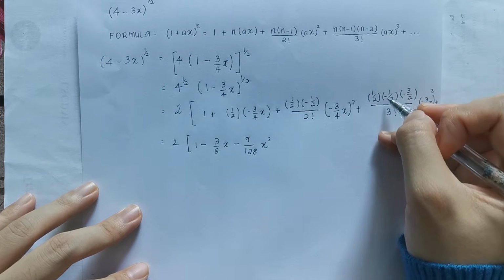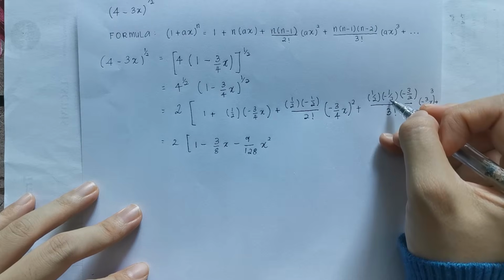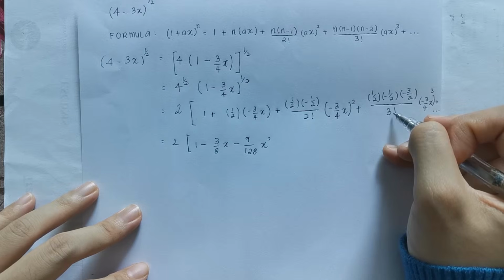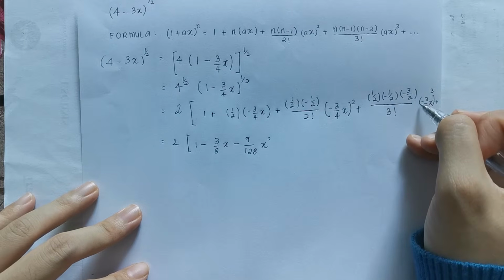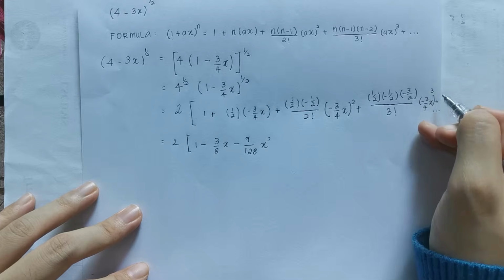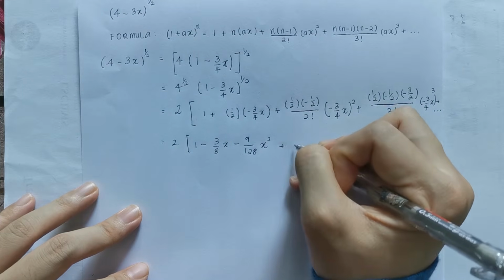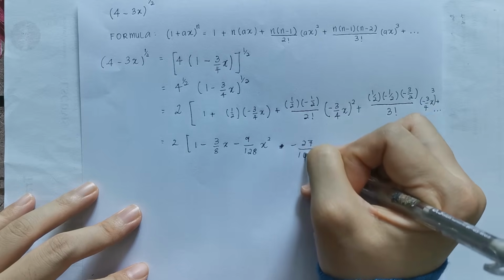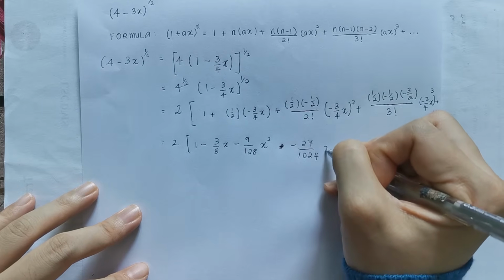And then a half times -1/2 times -3/2 over 3 factorial times (-3/4)^3 and x cubed, we get -27/1024 x^3.